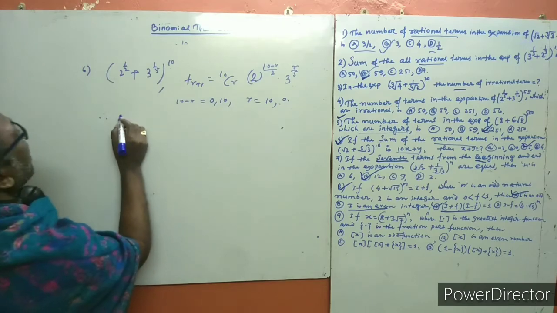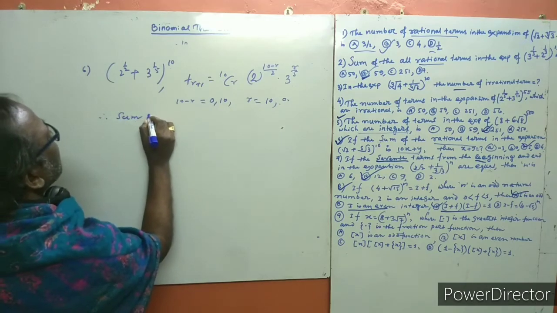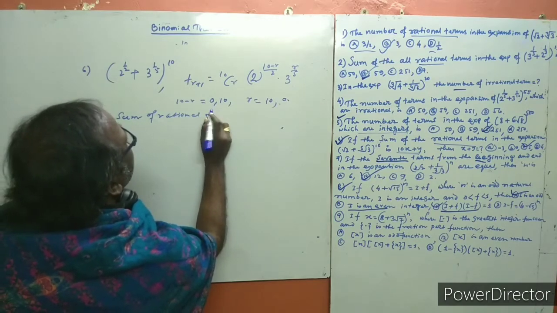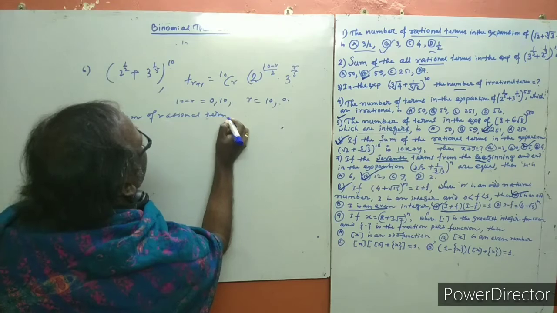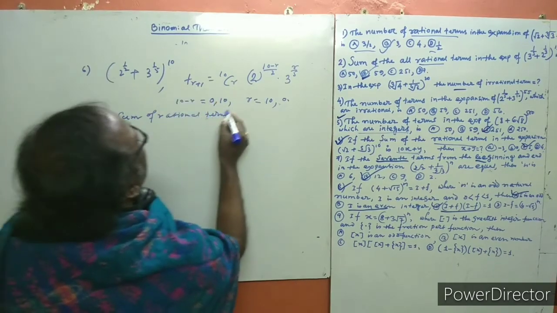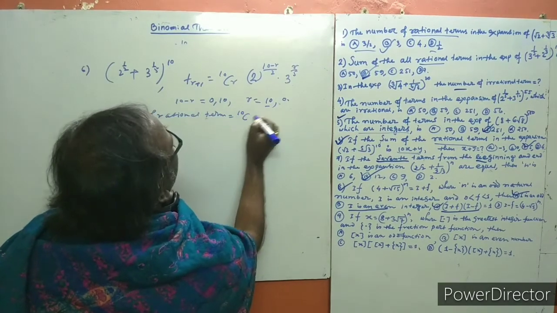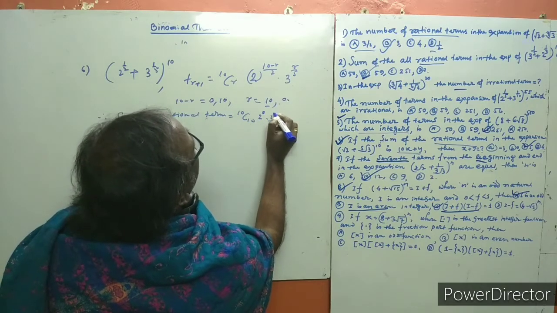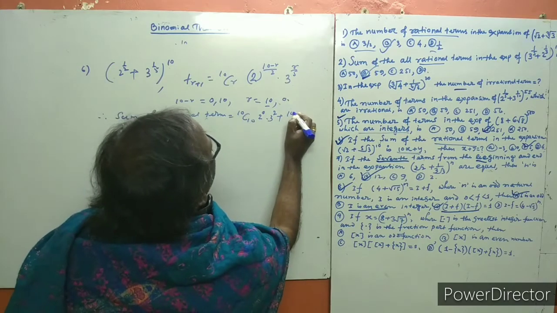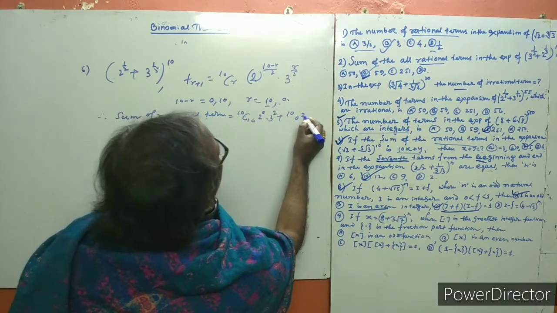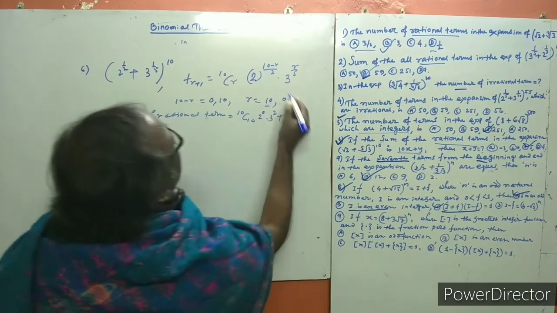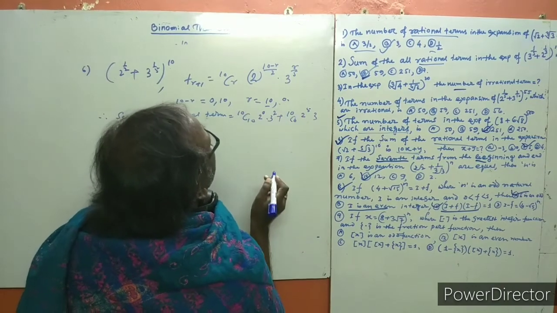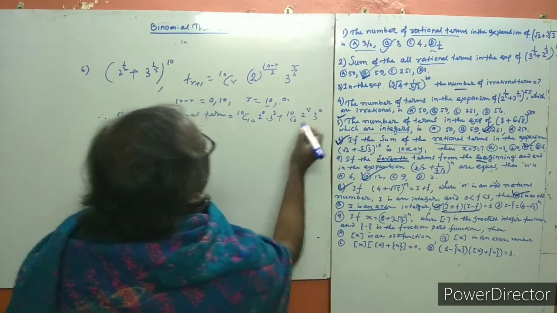Therefore the sum of the rational terms is equal to 10C10 times 2 to the power 5 and 3 to the power 0, that is only 1 here, plus 10C0 times 2 to the power 0 and 3 to the power 2.